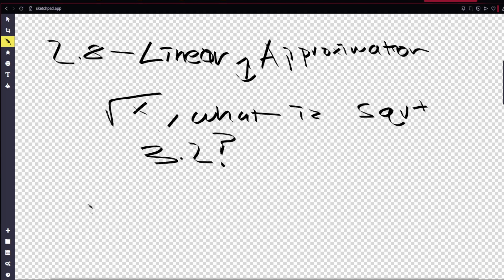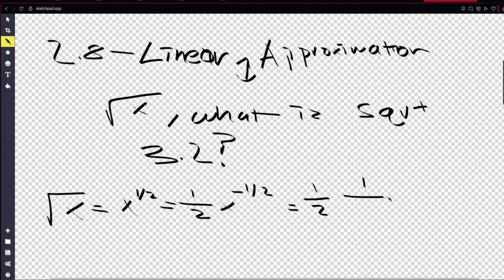So first we're going to take the derivative of this function, and we're going to define it for a, because remember the linear approximation formula is f of a plus f prime of a times x minus a. So the derivative of square root x is going to be 1/2 x to the negative 1/2, which is the same thing as 1/2 divided by square root x, which is 1 over 2 square root x.